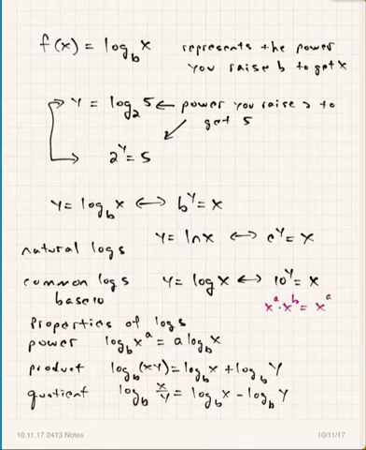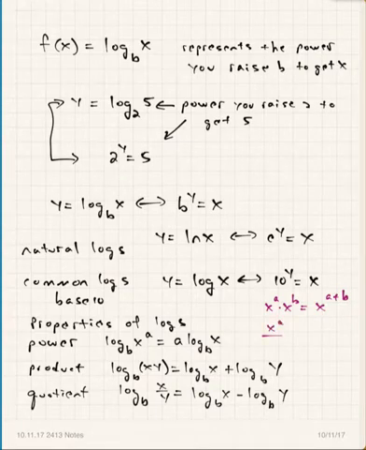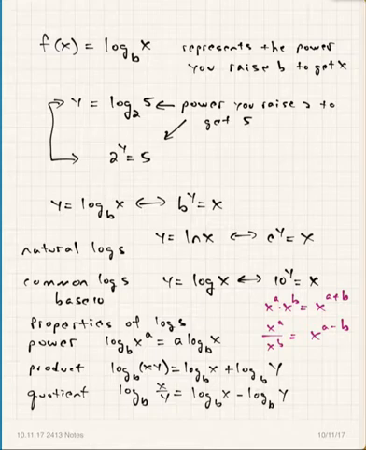You add them. So when we have the log of a multiplication problem, we add the logarithms. And when you have a division problem with exponents, you subtract them. That's the quotient rule: if you have the log of a division problem, you subtract the logarithms.